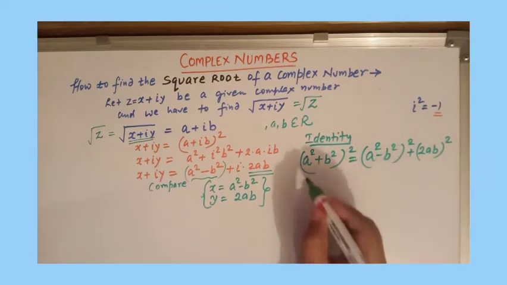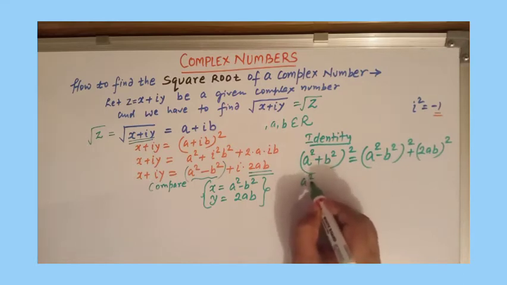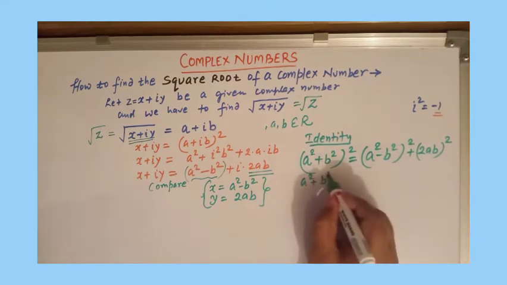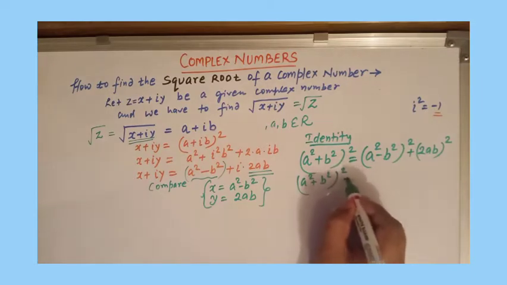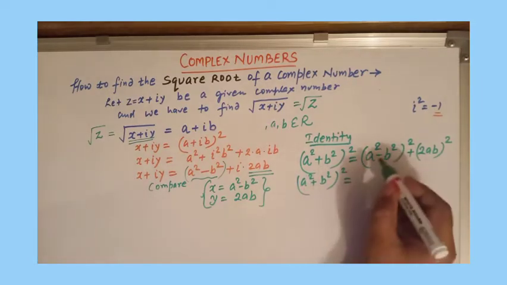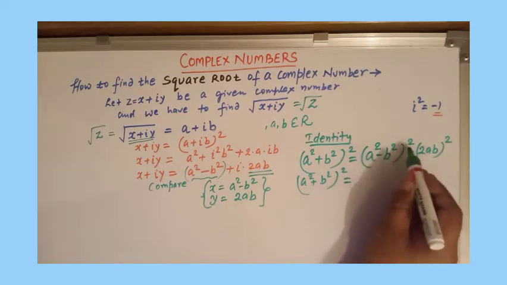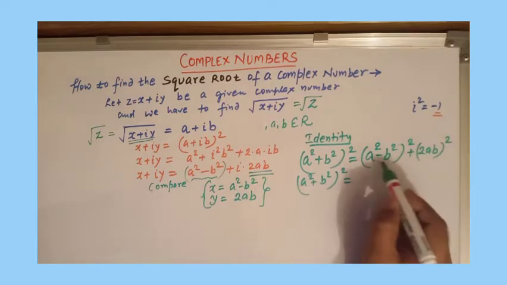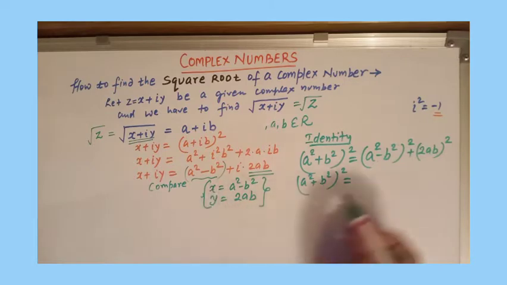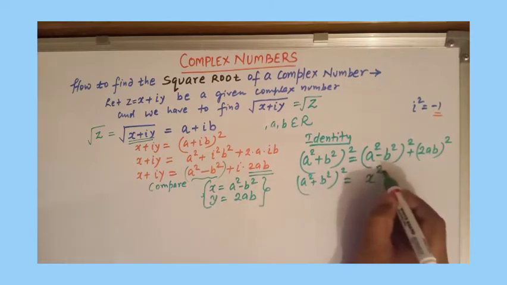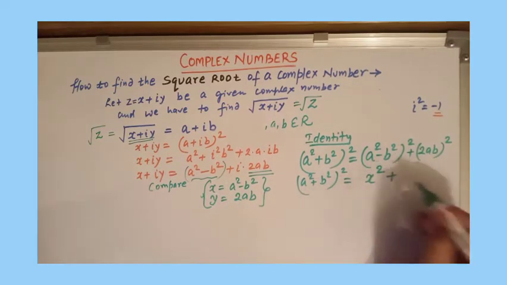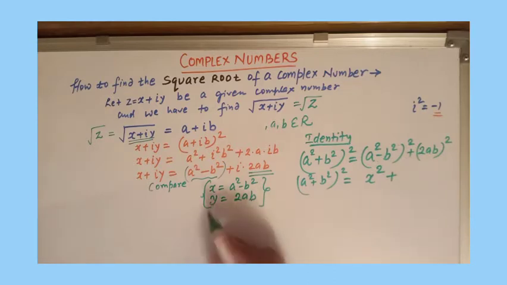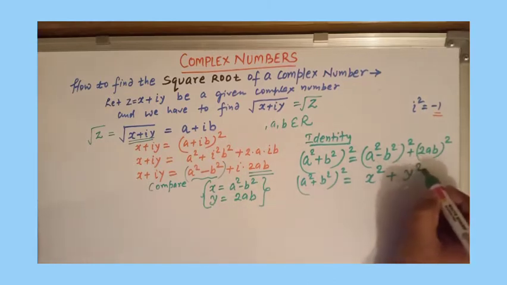Now a square plus b square whole square can be written as a square minus b square whole square plus 2 times ab whole square. Now a square minus b square is equal to x, so here we have x square, and then we have 2ab is equal to y, so y square.